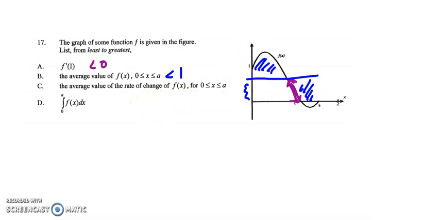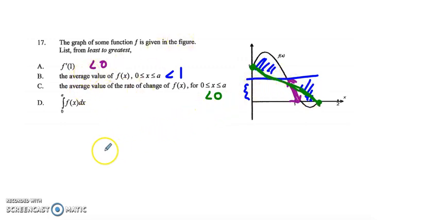The next one is the average rate of change for f, and the average rate of change is the slope of the secant line connecting the endpoints, and that should be linear. And we know it is a negative slope, less than 0, but it's also bigger than a, because a, look at that steep negative slope, and this green slope is less negative.